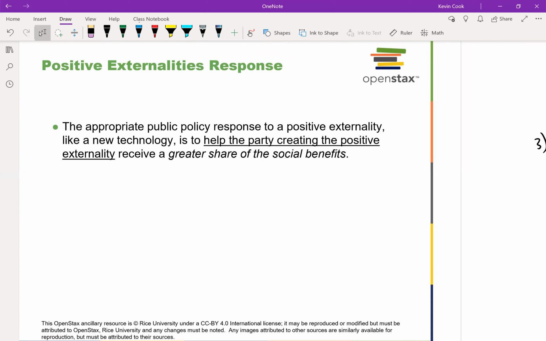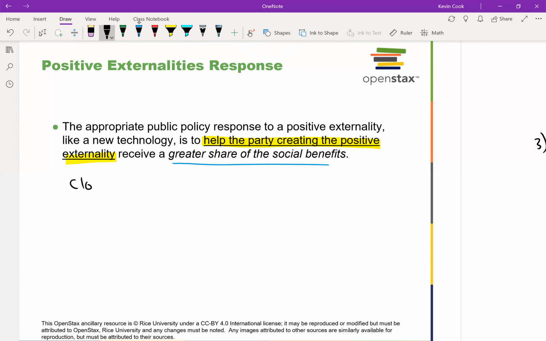So in this case, instead of punishing firms or people for producing their goods, now we want to encourage them, or actually help them create the positive externality. And to do that, we'll give them a share of the social benefit.